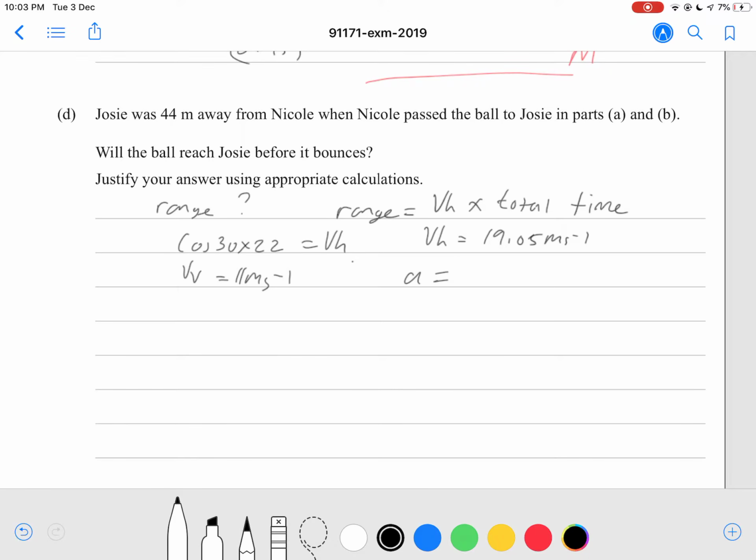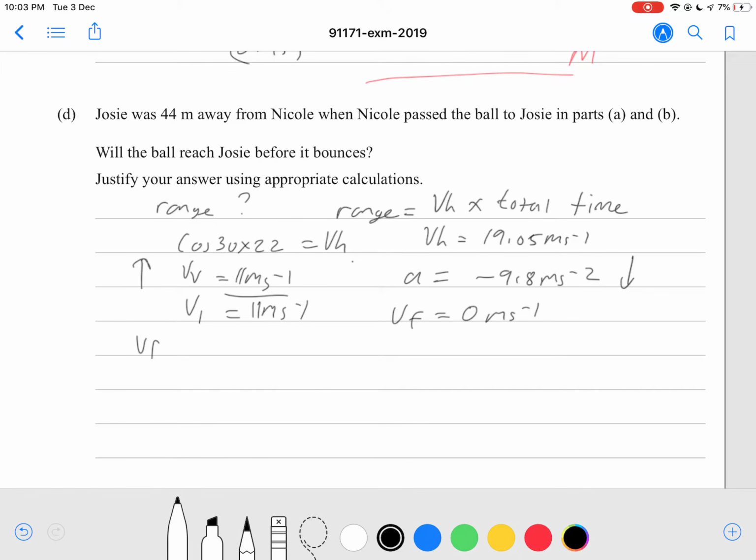Our acceleration of gravity is negative 9.8 meters per second squared. The reason it is negative is that the vertical velocity is acting in the opposite direction to the acceleration. The vertical velocity is going upwards, however the acceleration is going downwards, so we consider the acceleration as negative. Our VI is the initial vertical velocity, which is 11 meters per second, and our final velocity is 0 meters per second, as at max height the vertical velocity is 0.